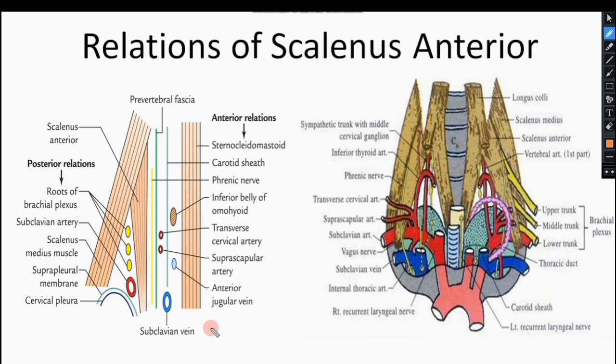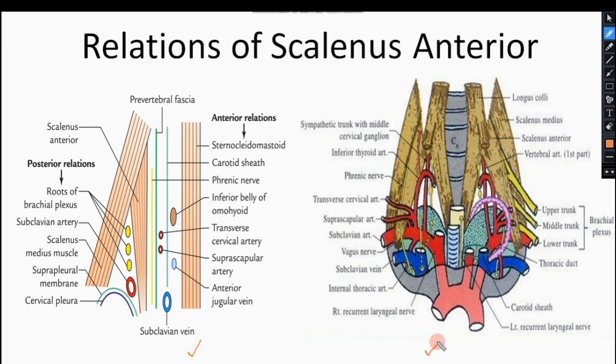So here we are having two images. This is the first image, and this is the second image. The first image is comparatively easier for you at the time of the examination when you have to write in your paper. So you can draw this diagram for your examination, but this diagram is for the understanding of the structures.